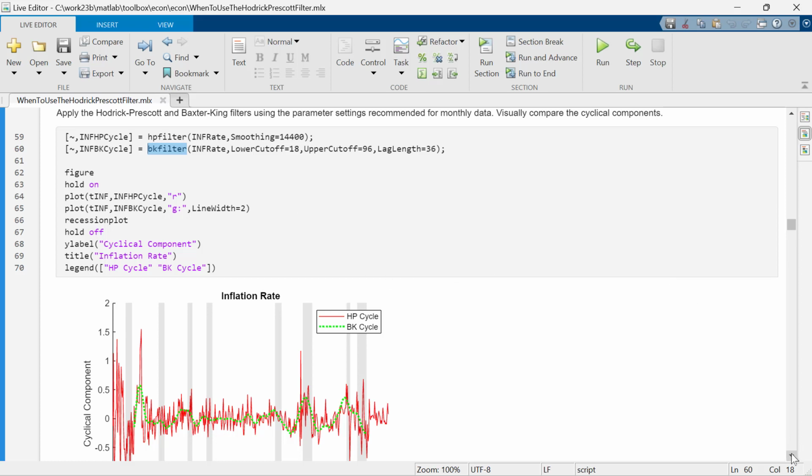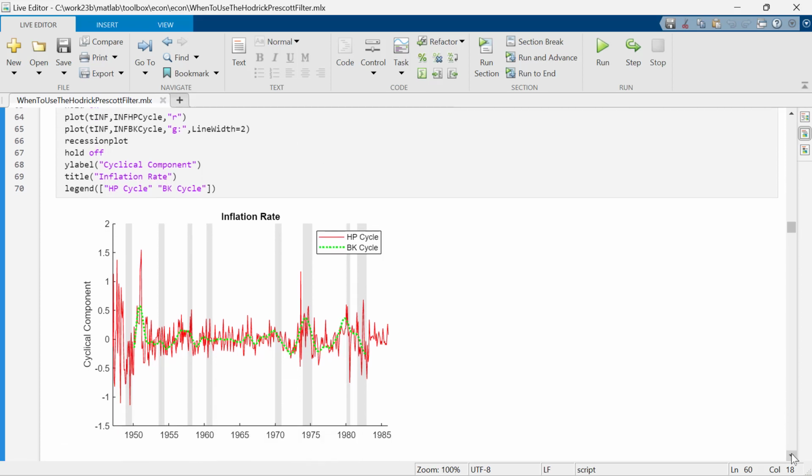And in this case, you can see that the absolute deviation in the Baxter-King cycle is much smaller than it is in the HP cycle. The HP cycle is picking up all of this high frequency stuff that gets trimmed by the Baxter-King filter, and you see a difference here. So here we get two different business cycles.